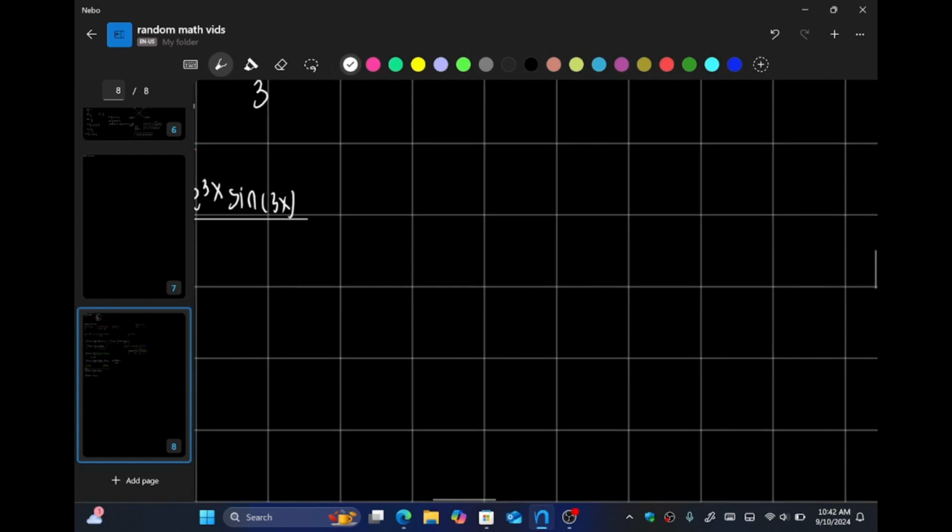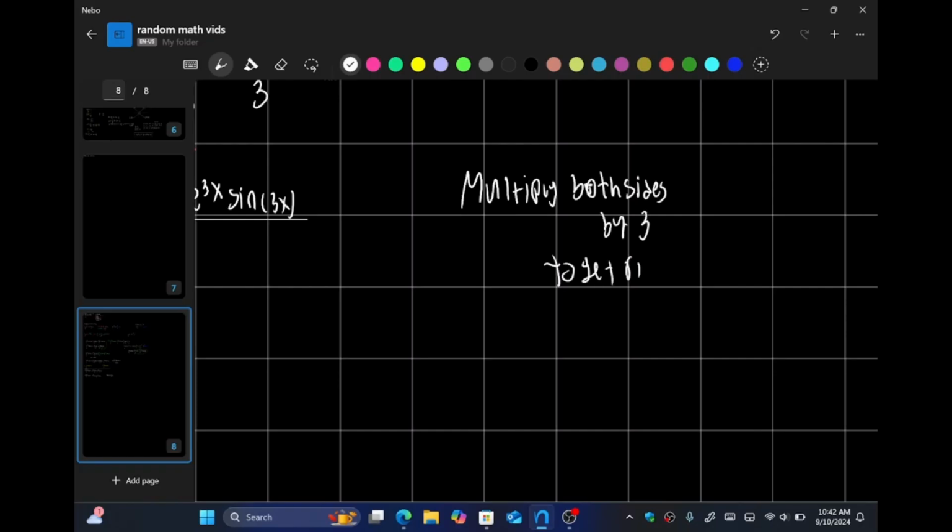And we're going to multiply both sides by 3 to get rid of the fraction on the right side.